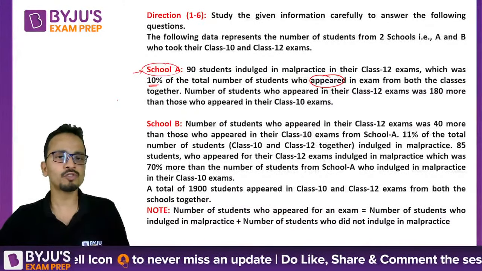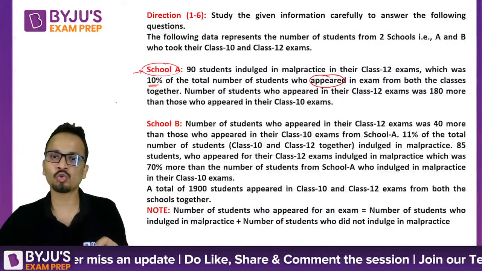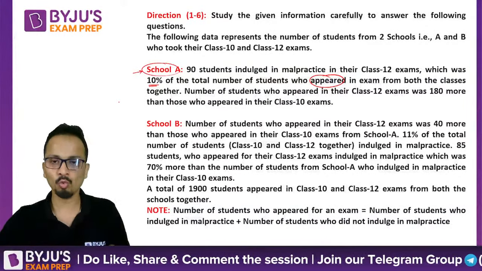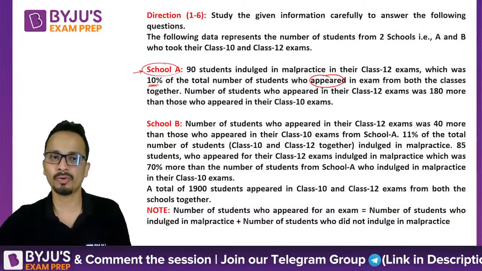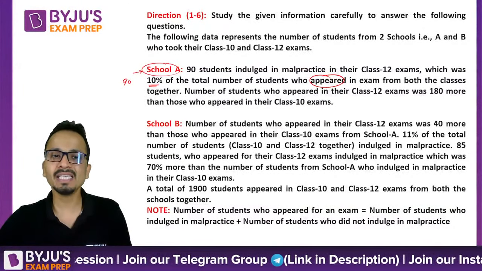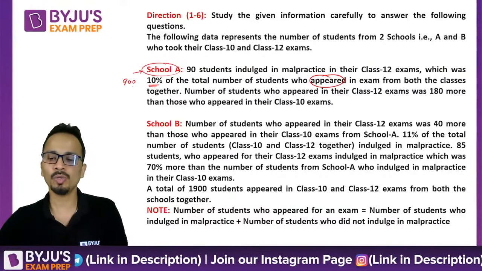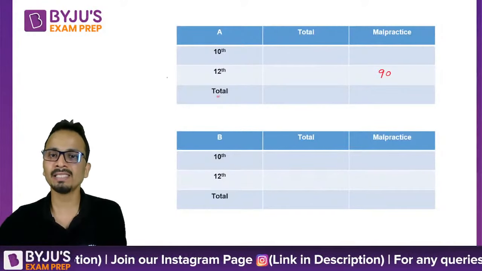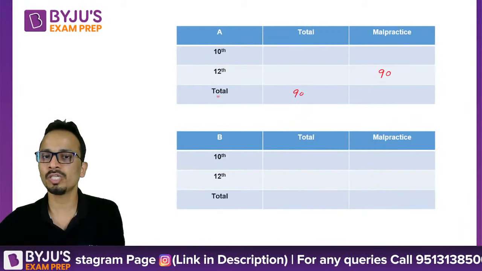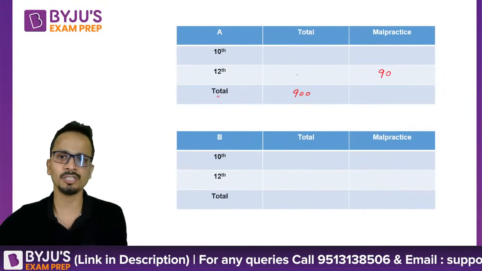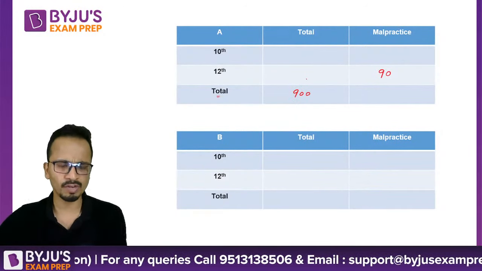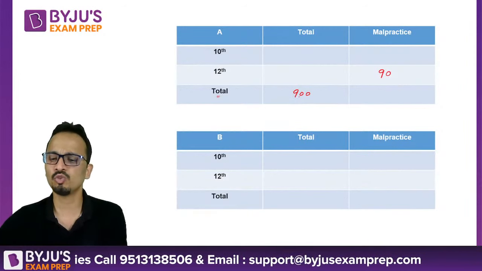So the total number of students in class 10 and class 12 who appeared for the exam will be X, where 90 is 10% of X. So X will be equal to 900. So the total number of students who appeared for the examination in class 10 and 12 put together is 900.